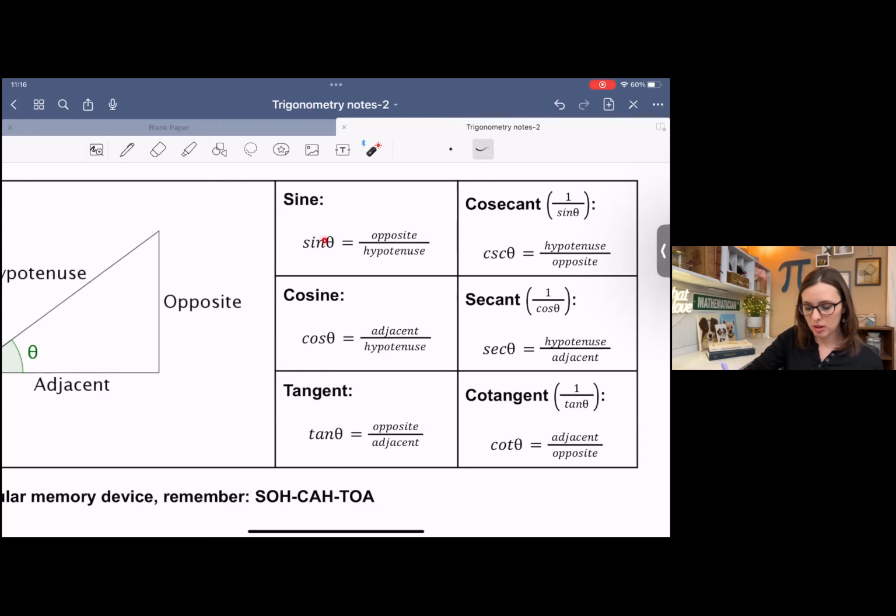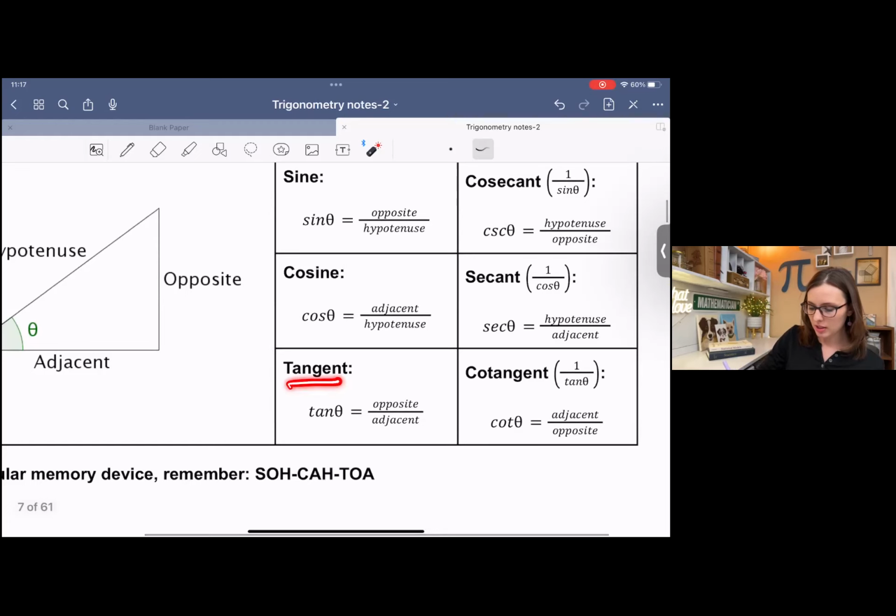So when you see this abbreviation, you say sine theta. And then cosine, pronounced cosine, is abbreviated C-O-S. When you see this word, you don't say cos, you say cosine, okay? It's just an abbreviation. And then tangent is tangent, T-A-N.